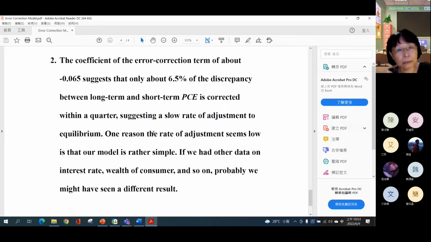One reason the rate of adjustment seems low is that our model is rather simple. So if we have other data like interest rate or consumer wealth and so on and so forth, probably we might have seen a different result.